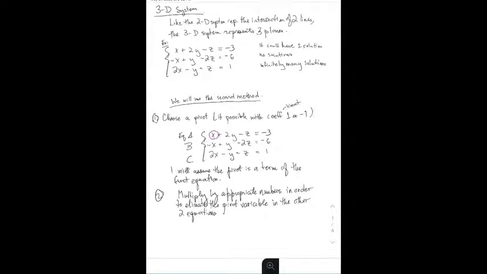In this case, each equation represents a plane. And when you have an intersection of three planes, it could be like two walls and a floor intersecting, so they could intersect at one point, or they could intersect at no points if two of the planes are parallel, or it could intersect at infinitely many points if at least two of the planes coincide.